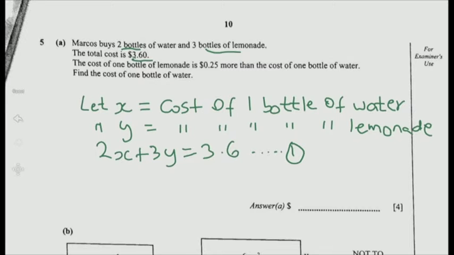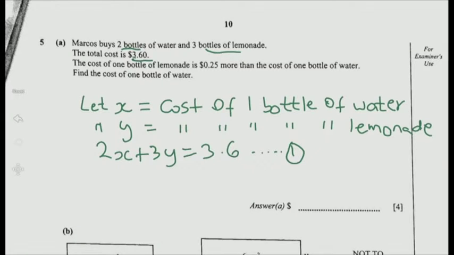What will be the equation in terms of x and y which is represented by that statement? The statement is the cost of 1 bottle of lemonade is 0.25 more than the cost of 1 bottle of water.